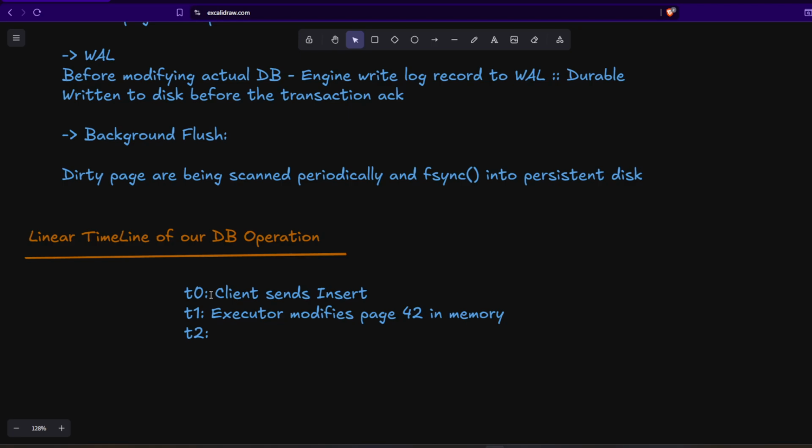And then the WAL record for page 42 is written into the WAL buffer. Then at t3, page 42 will be marked as dirty.